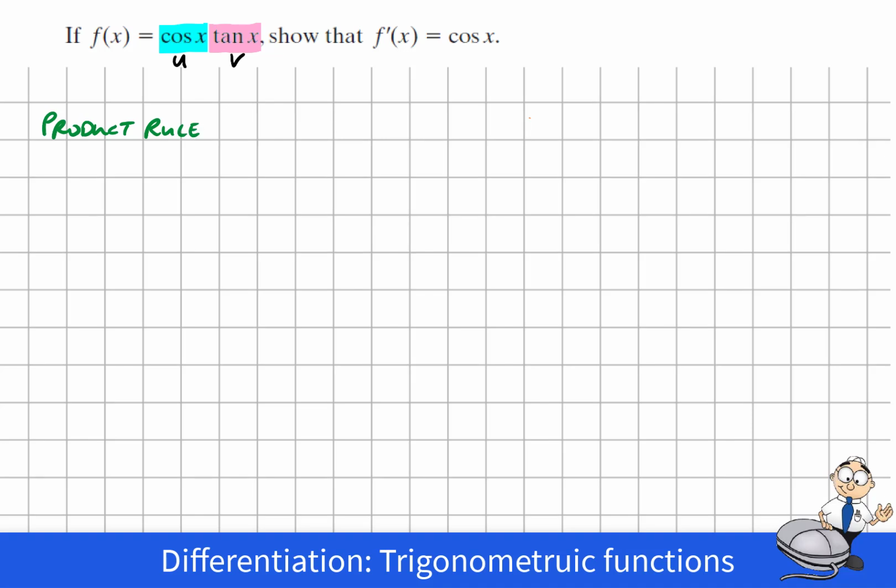The product rule says that dy dx is equal to u times dv dx plus v times du dx.